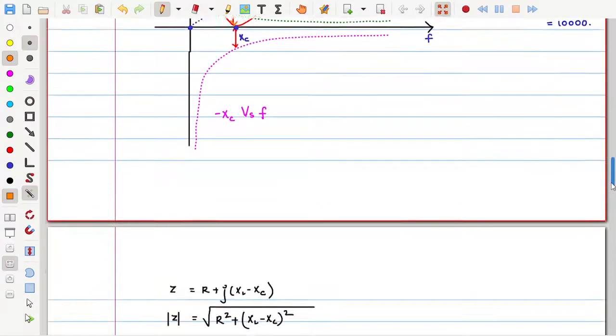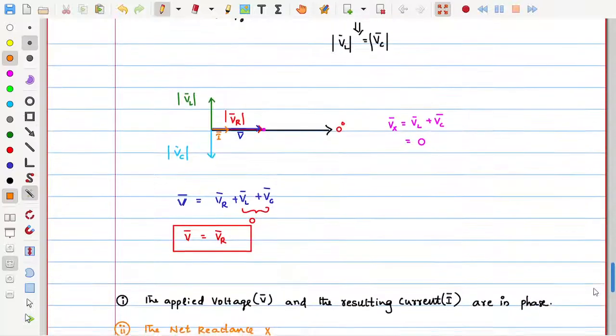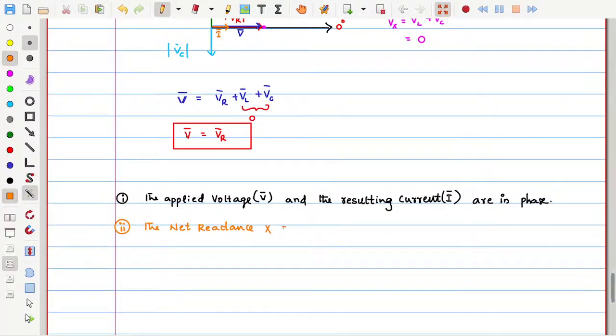So the net reactance of the circuit is 0 at resonance since XL is equal to XC. Right, because X is XL minus XC. So as both are the same, the net reactance is 0.